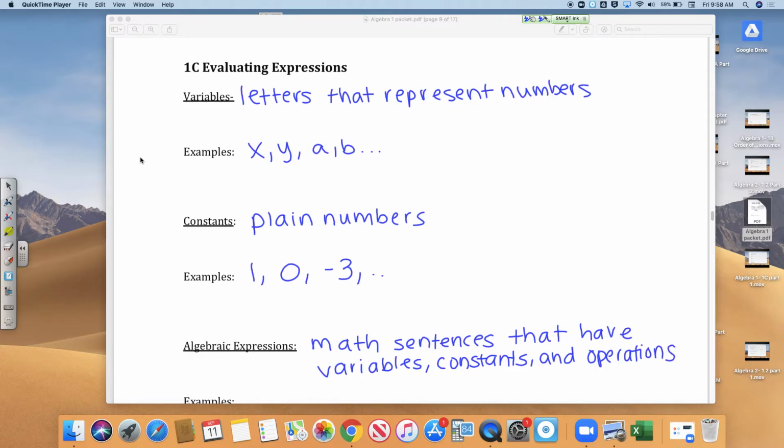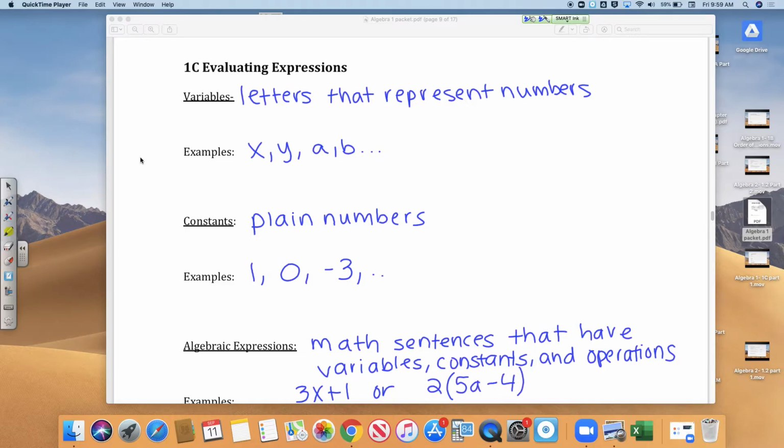Examples of algebraic expressions could be like 3x plus 1 or 2 times 5a minus 4.